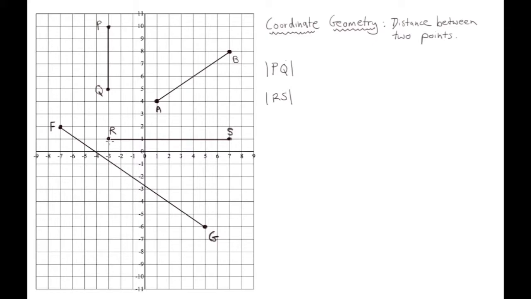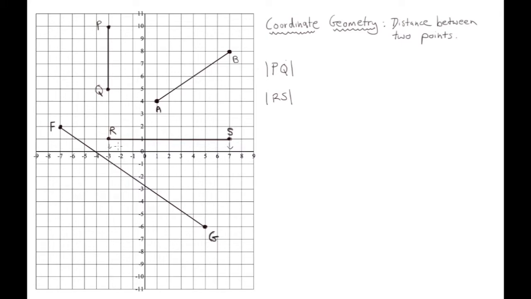For a horizontal line, I'll have a look at R and S. So I want to find the distance between R and S, or the length of the line RS. So R is above -3 on the x-axis. Can you see that? Just above -3. And S is above 7. So we just need to find the difference between -3 and 7.